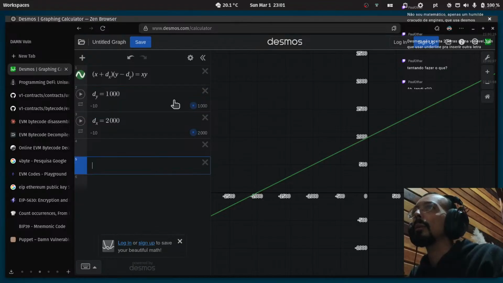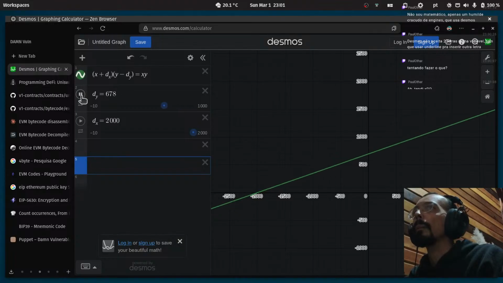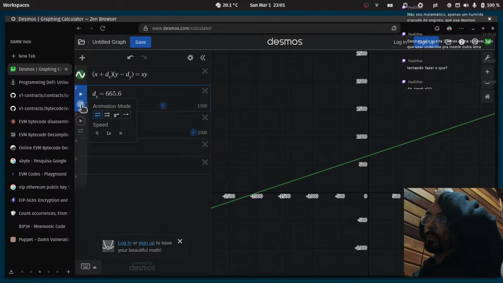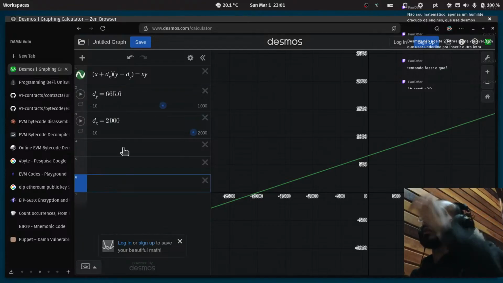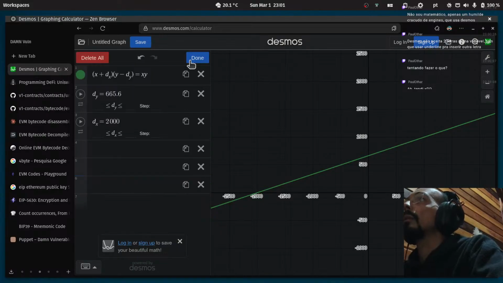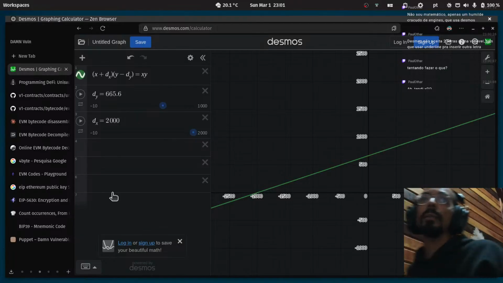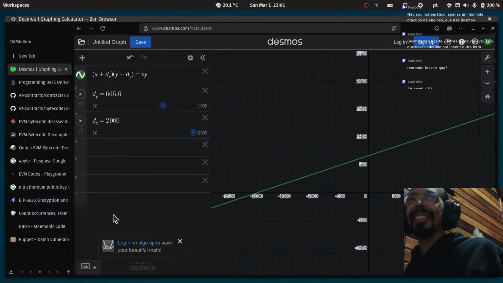I can disable the formula. I don't remember how to disable it. Yeah, I don't remember enough to do this fast enough.